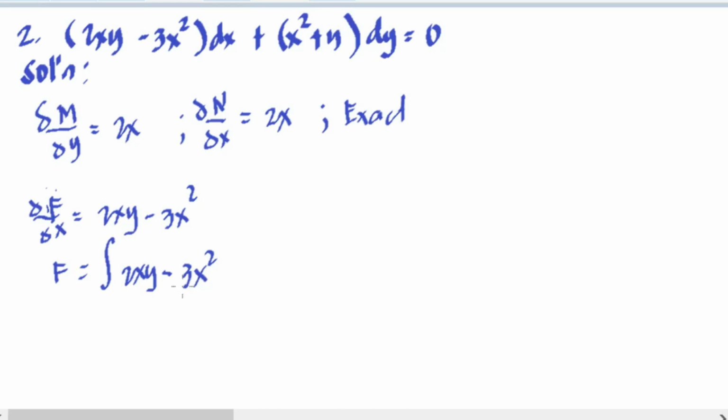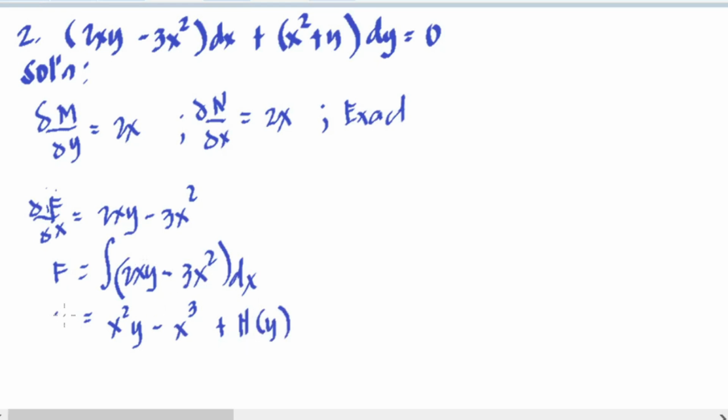Integral of that with respect to x is what? It's x squared y minus x cubed, right? Plus h of y, okay?